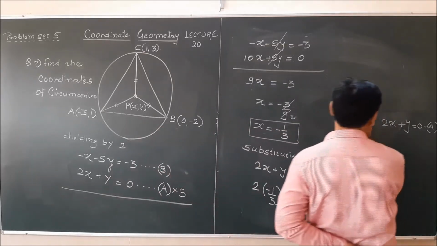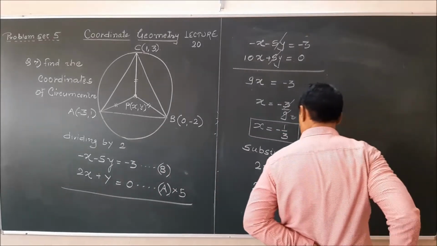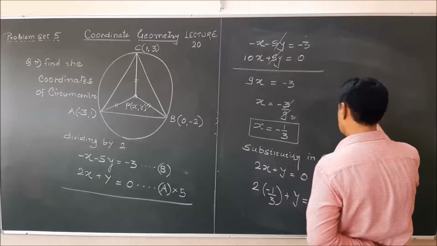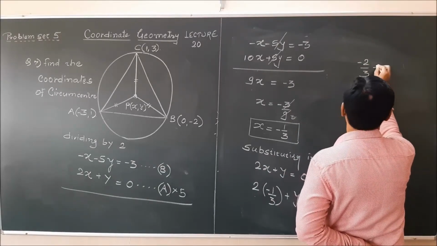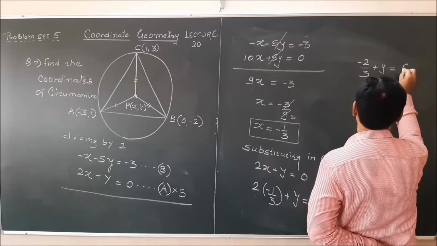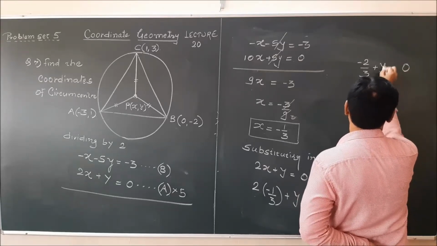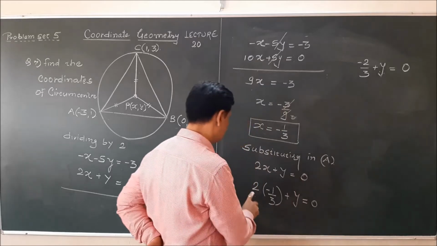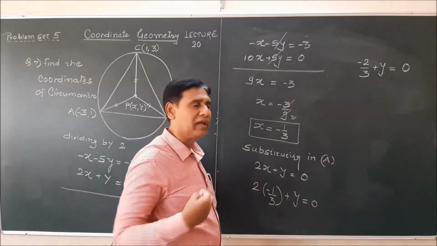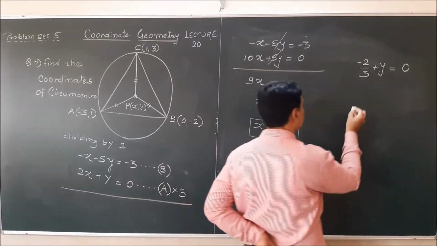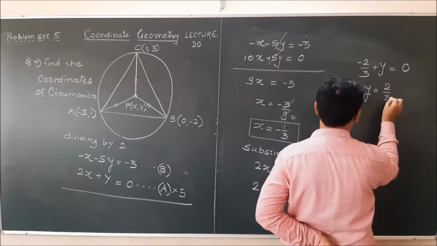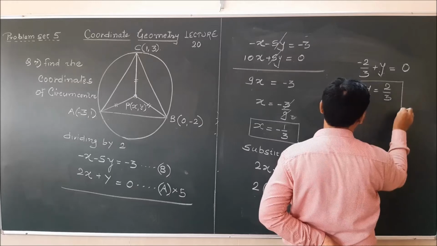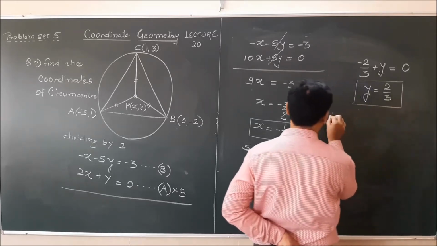So that will give you minus 2 into minus 1 upon 3, that is minus 2 upon 3 plus y is equal to 0. So y is equal to, if I transfer it to the right hand side, plus 2 upon 3.